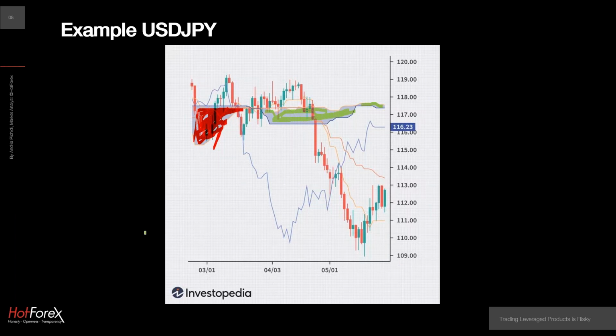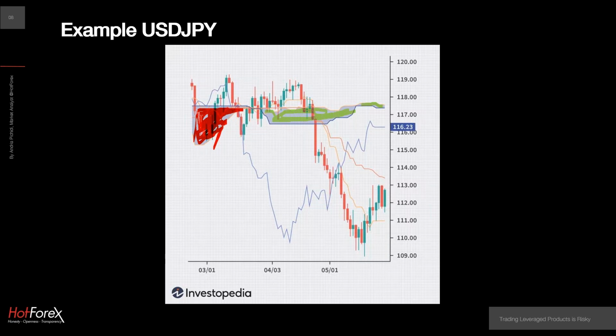So over here, dollar yen example. Initially it was fluctuating between 116 and 119, right? Before dropping. So here the cloud is a product of the range bound scenario, right? For the very first 4 months.